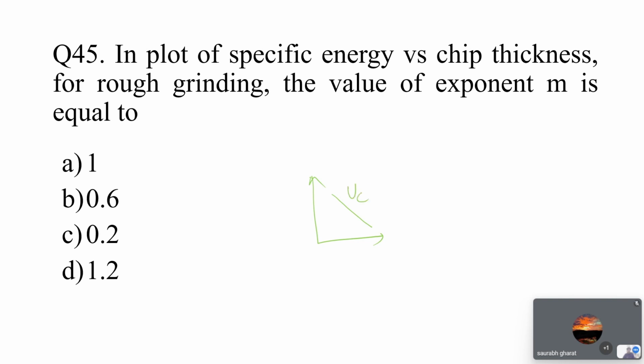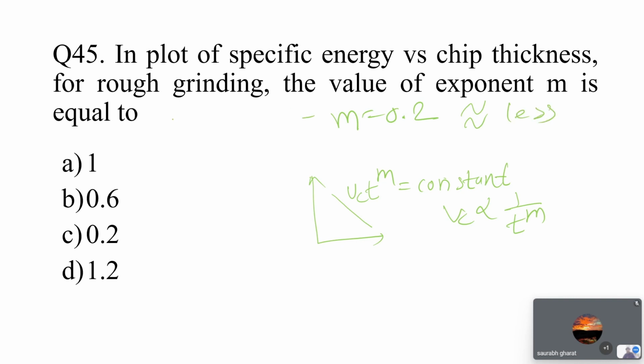Specific energy is inversely proportional to Tm. The slope will depend upon the work conditions. It is mentioned that for single point cutting, m is equal to 0.2, so it's almost negligible. It's less for a single point cutting tool.